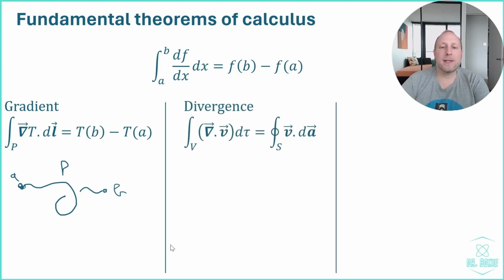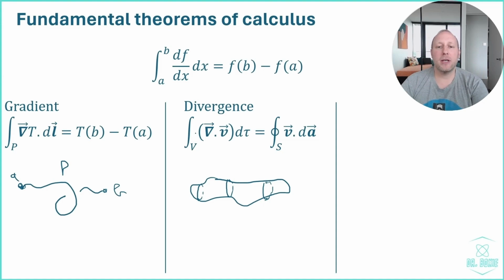For divergences, we saw that the volume integral of the divergence is the surface integral over the boundary. So here have a 3-dimensional shape in mind, so something which looks maybe a little like this. So think of this as some 3-dimensional shape. And in this case, what we're doing is we're integrating the divergence of a vector field V over the full volume of that shape.